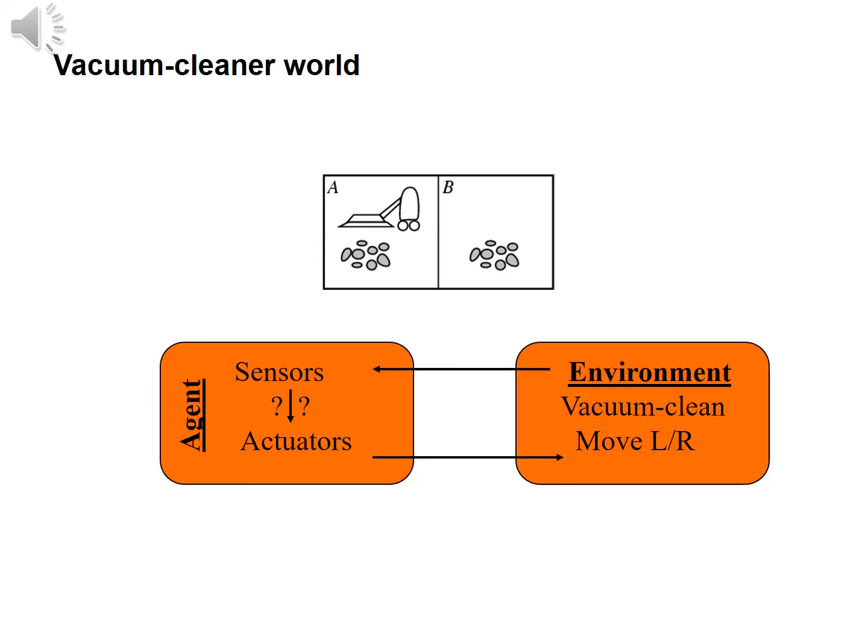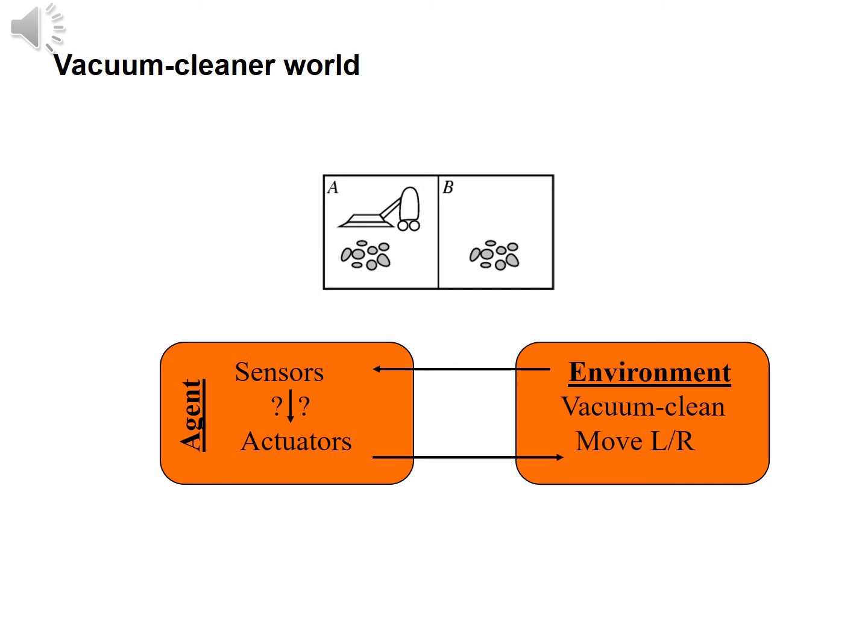Let's see how these concepts reflect to this exact case that we have in front of us. The robot is found in room A, and room A is dirty, and it needs to clean the dirt from room A and room B. Under the image of the robot with the dirt in the rooms, we have the architecture of an agent. It has its sensors. Sensors are connected with the actions through the actuators through some kind of function, the agent function, that we are going to see right now.